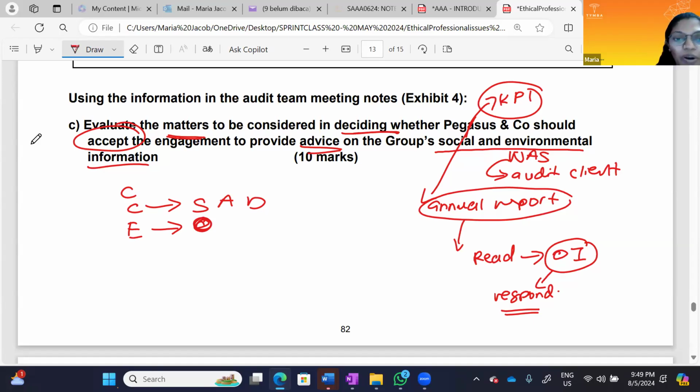Other than ethical issues, I am not going to talk about integrity because this client is already an audit client, so I would have already done my integrity test.